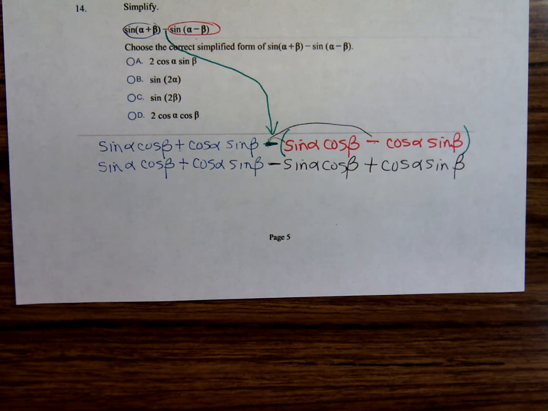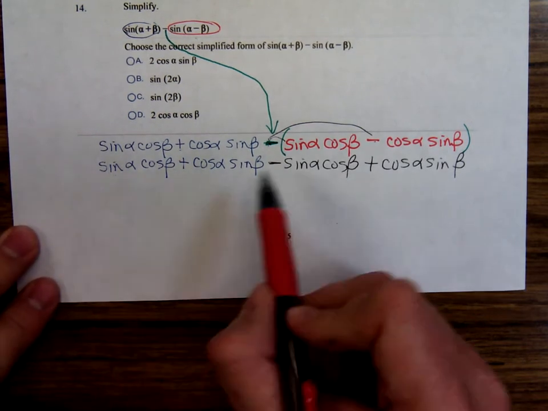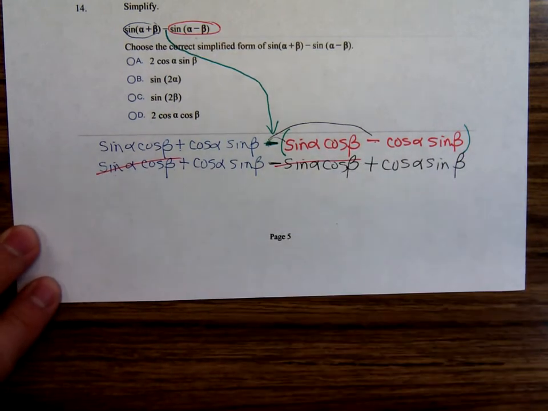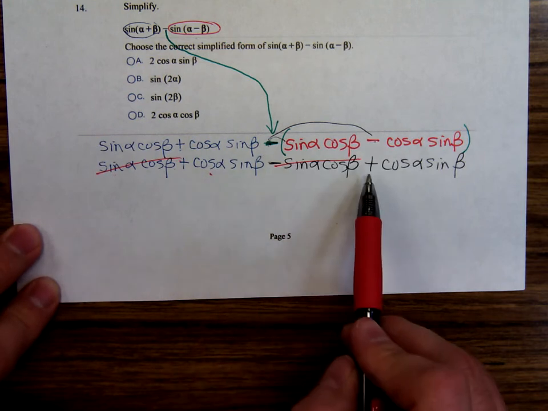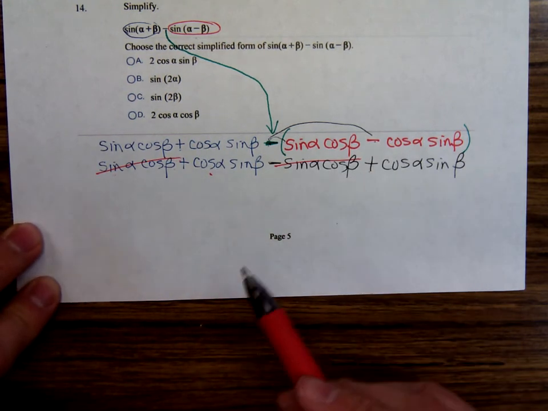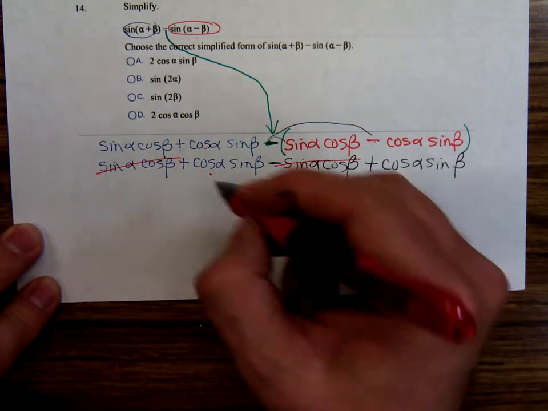Hopefully some of this stuff is going to now either subtract out or combine. Let's see. I think something subtracts out. What's subtracting out here? Yeah, the sine alpha cosine beta minus sine alpha cosine beta. So we have cosine alpha sine beta plus cosine alpha sine beta. What's that going to give us? Can I combine those like terms?